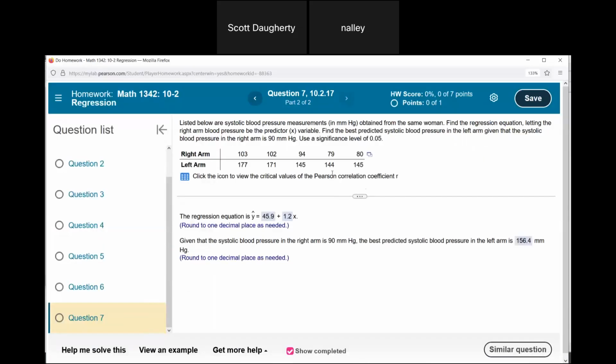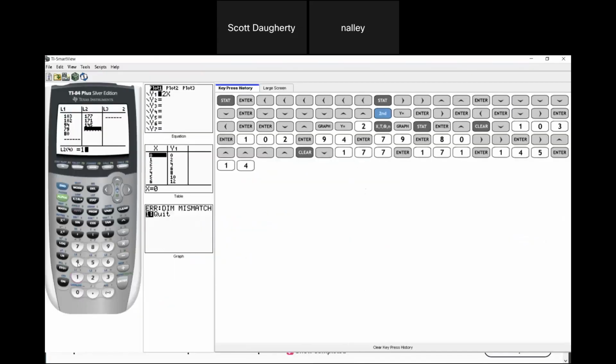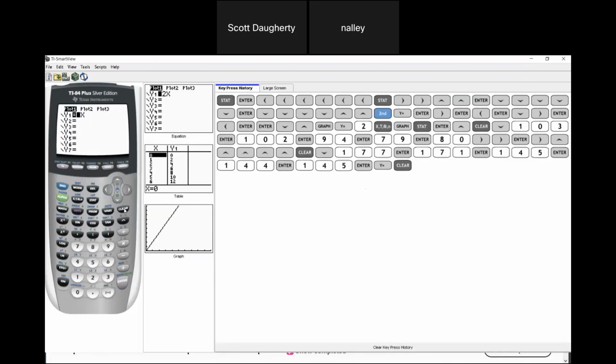And then finally 144 and then 145 again. Okay, so there's our bivariate data.